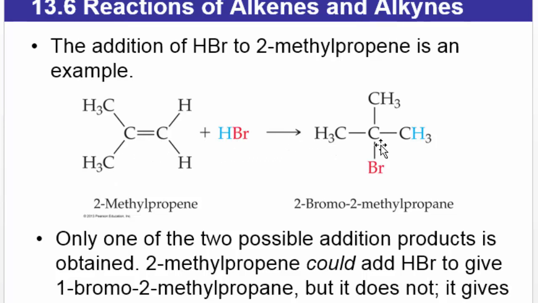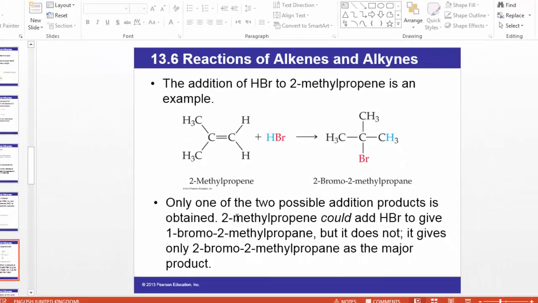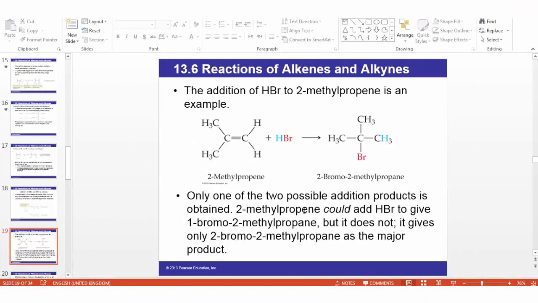Plus HBr to produce this 1, 2, 3. Now here at position 2 we have 2 substituents, bromo and methyl. We give them alphabetical priority in naming. So 2-bromo-2-methyl, and the parent alkane is propane. Only one of the 2 possible addition products is obtained.